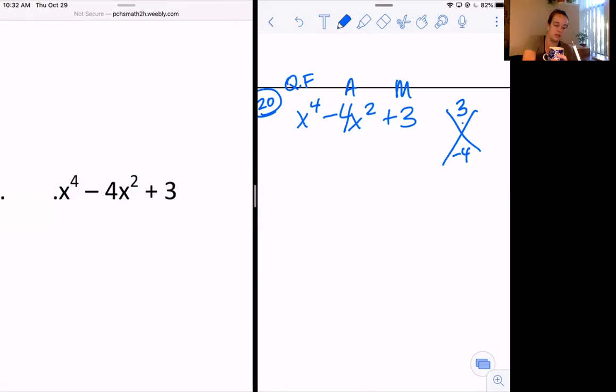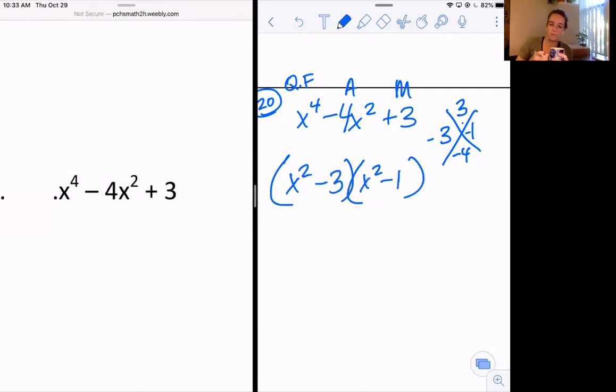Three and 1, and not just 3 and 1, but -3 and -1, because we have to make -4. All right, so I'm going to have x squared, since it's x to the fourth. So x squared and x squared, and then -3 and -1.